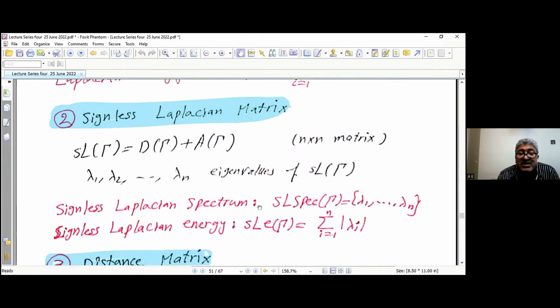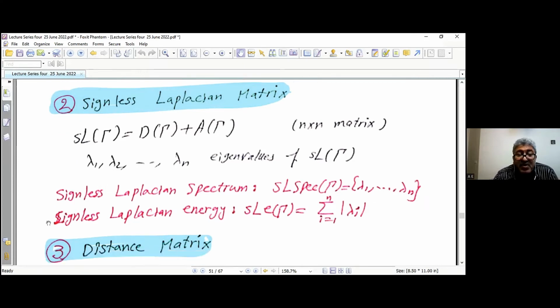The signless Laplacian spectrum is again the set of all eigenvalues of the signless Laplacian matrix. We may denote it by SL spectrum of gamma. And we also have the signless Laplacian energy. This is the third kind of energy, which is the sum of absolute values of all eigenvalues of the signless Laplacian matrix.